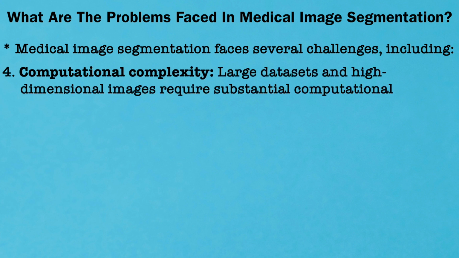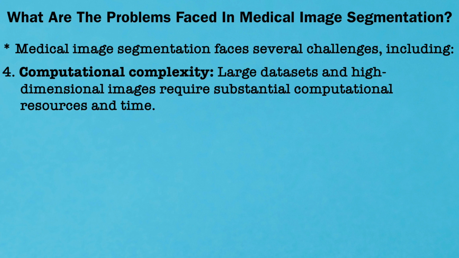The next is computational complexity. Large datasets and high dimensional images require substantial computational resources and time. What is high dimensional data? It means the data has various coordinates to store and to verify, that could consume the resources as well as the computational time.